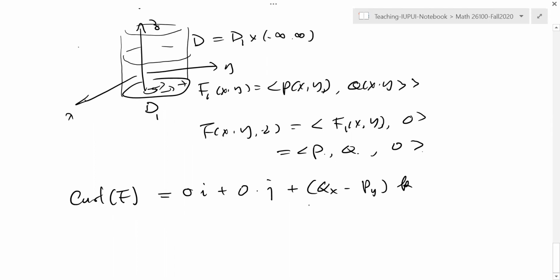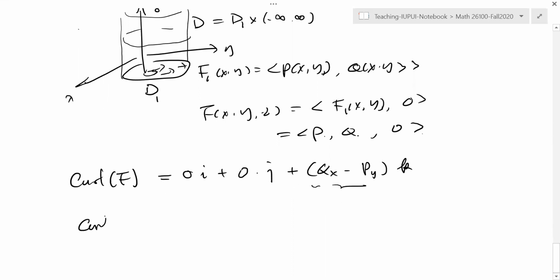So this is the only term left. You can do the computation quickly. So this is the term in the two-dimensional case, right? So curl of F equals 0 if and only if Qx minus Py is 0, right? So our theorem today is the general case.